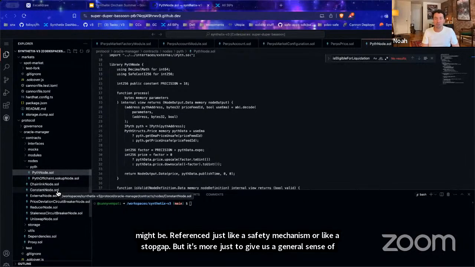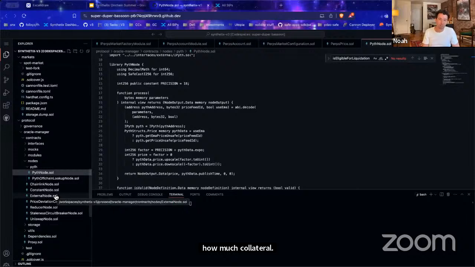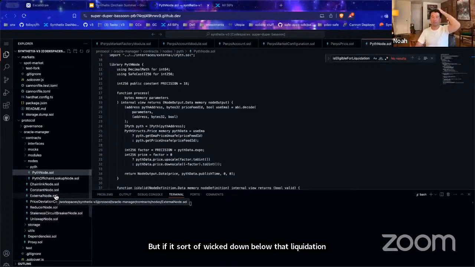And if the price has moved in the past 2 or 3 milliseconds, it's not a problem. In the case of liquidations, for instance, we need to know if the value of that collateral has dropped below a certain point. But if it wicked down below that liquidation price, came back up, and the oracles didn't pick up on that, it's a no harm, no foul situation. We can move forward.